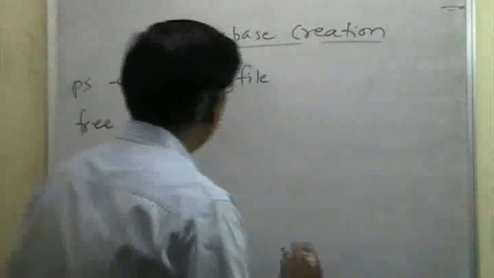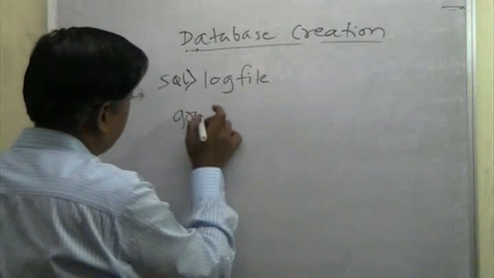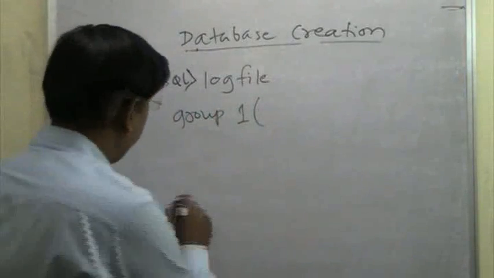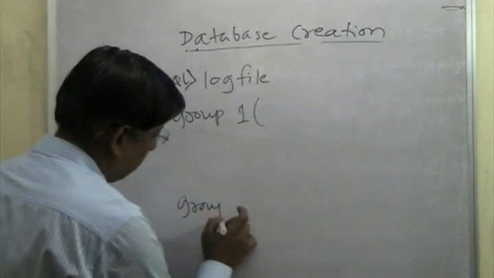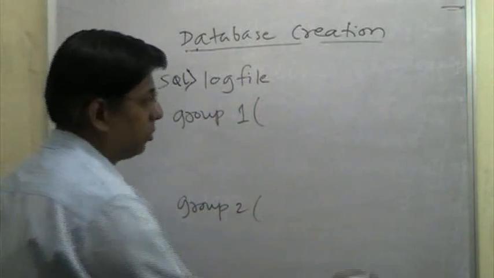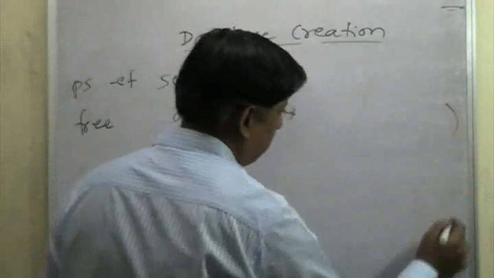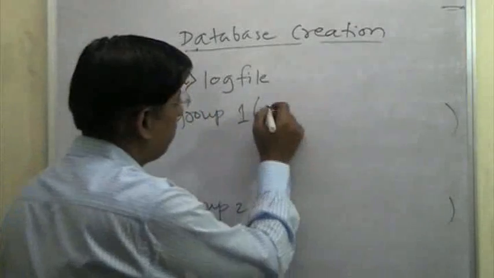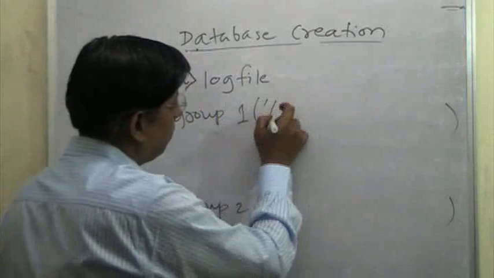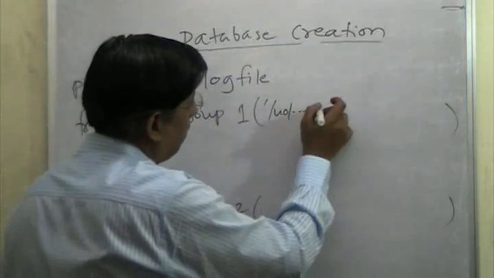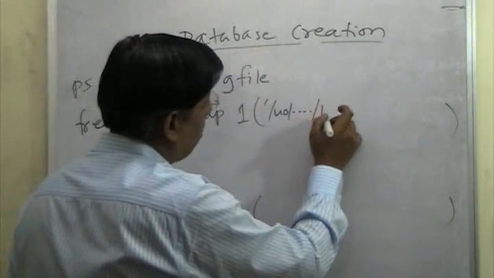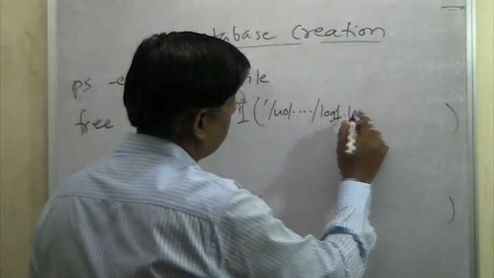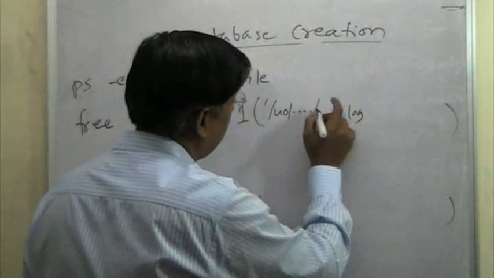So we are going to say log file group, the first group and the second group. At least 2 groups are required, you can give 3 groups also. Within the first you are going to write the names of the members. So the first name is U01 and let us say redo 1 dot log, you can give any name.